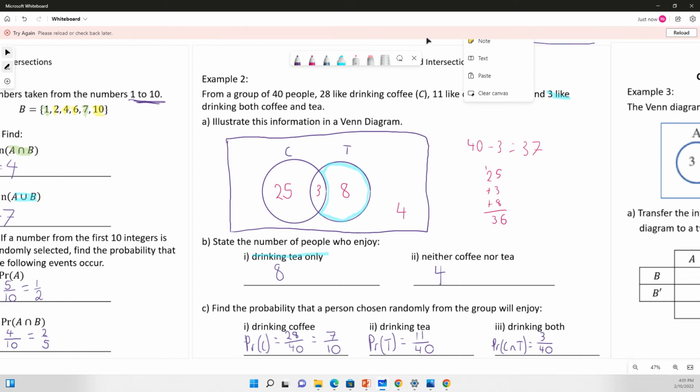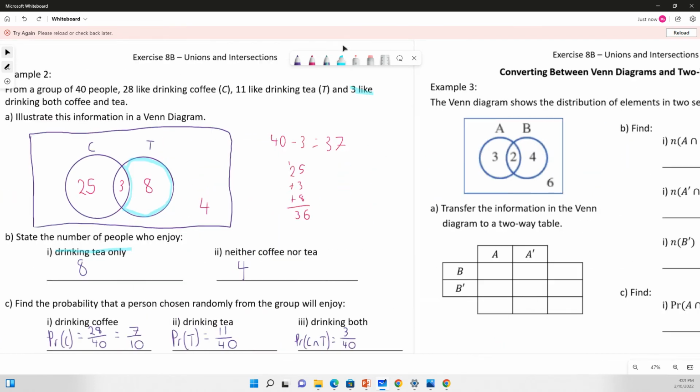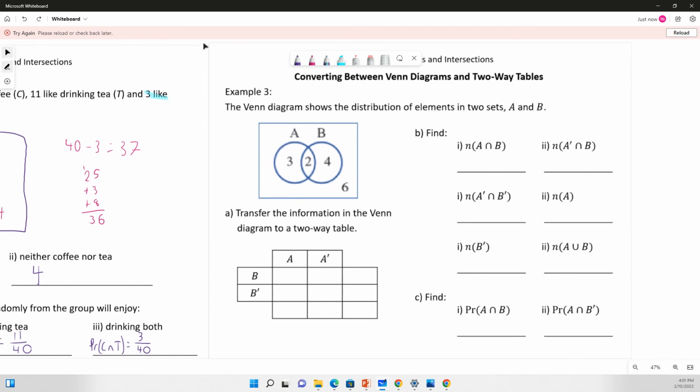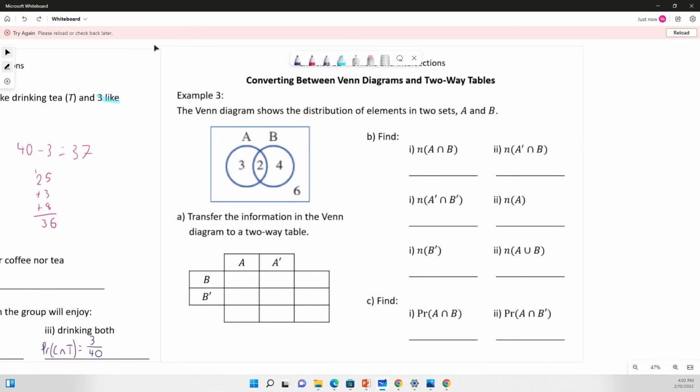We've got one more example now to have a look at. This one here, we're really focusing on connecting the information between a Venn diagram and a two-way table.